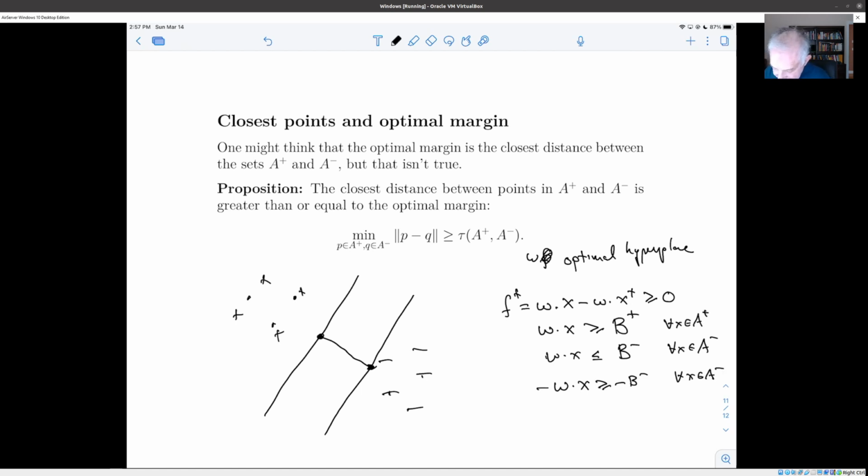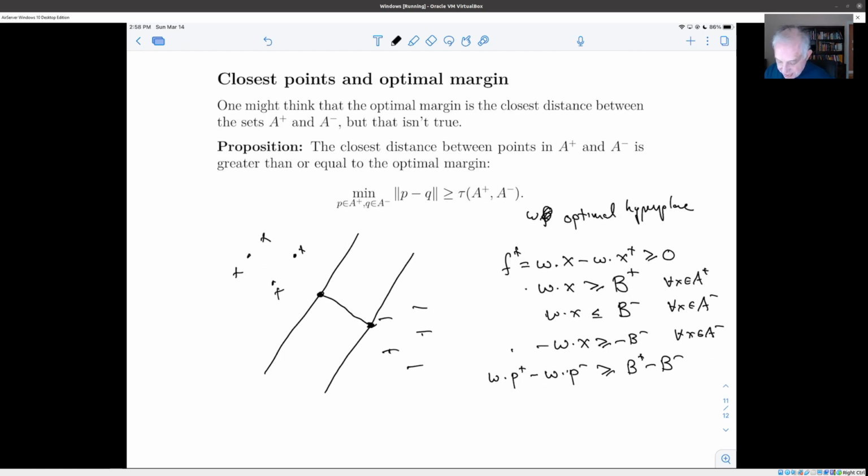So adding these two equations together, where we take a positive point here, we would get W dot P plus, and put in a negative point here, minus W dot P minus, is always going to be bigger than or equal to B plus minus B minus, where P plus is in A plus and P minus is in A minus. You can take any point that you want there. Well, that means that W dotted with P plus minus P minus is bigger than or equal to B plus minus B minus.